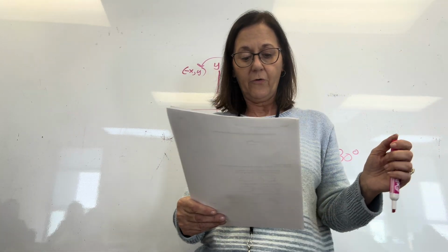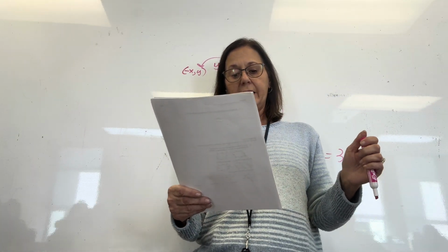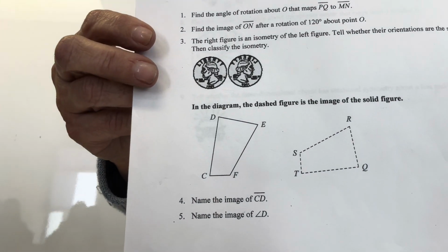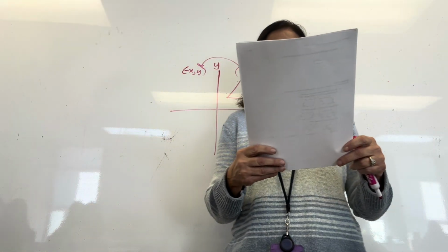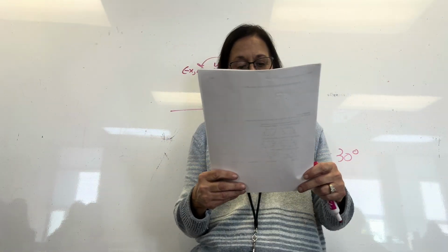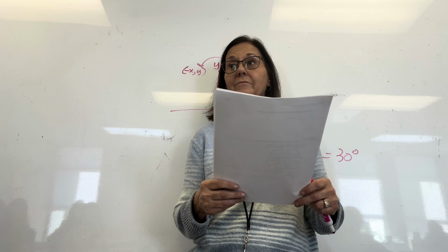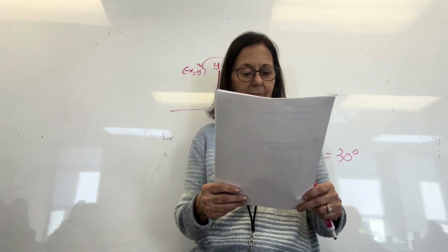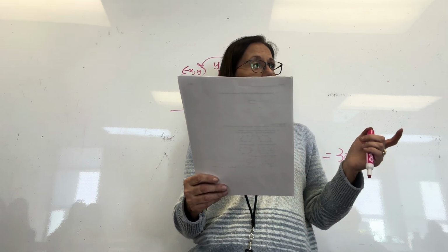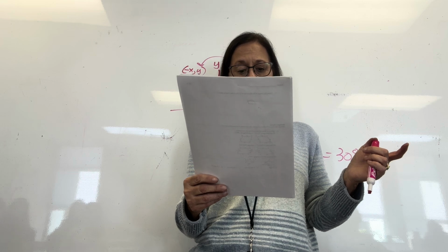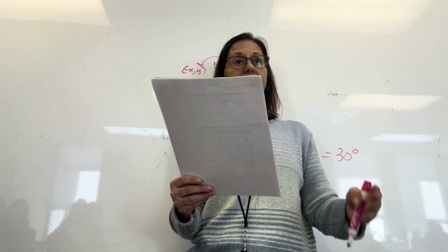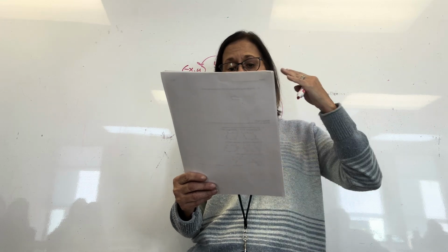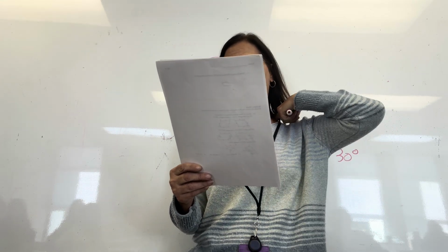All right, look at number 4. The original is CDEF. Y'all see that? And the image is QRST. Maybe not in the same order, right? All right. If you were to be asked, what is the image of CD? Then you look to CD and find its same side in QRST.